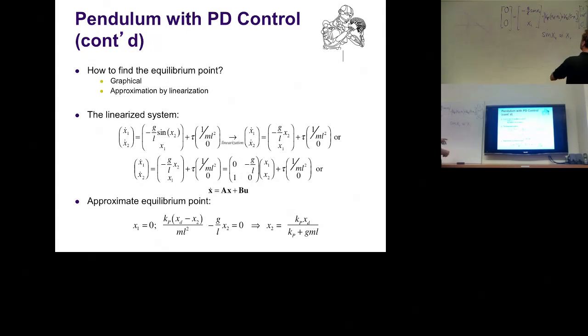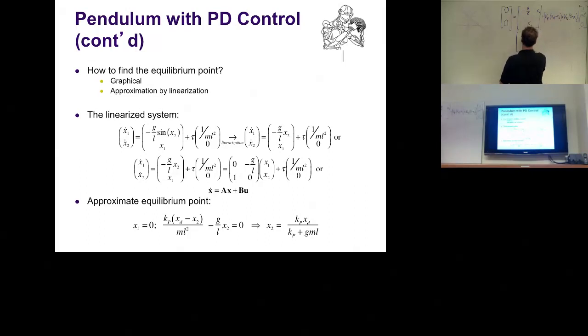What does that do to us? Well, it's very nice. We can go into this equation up here and get rid of this term. And we can now write the system a slight bit differently. This matrix can be written more nicely as minus G over L, but it depends on the x2 acceleration.